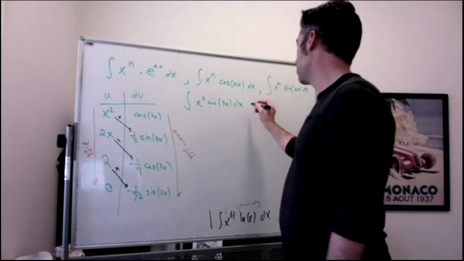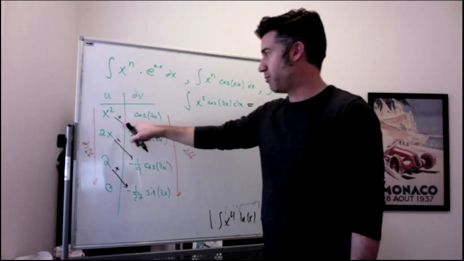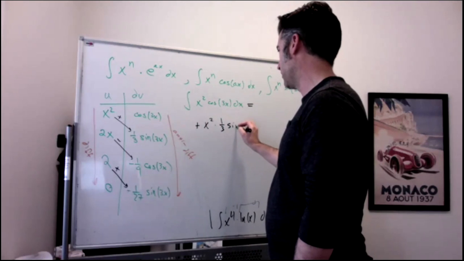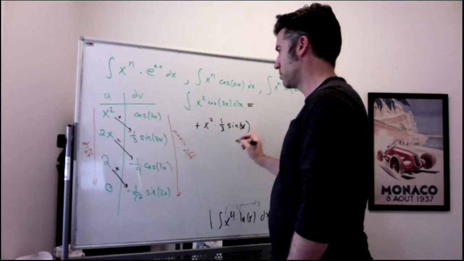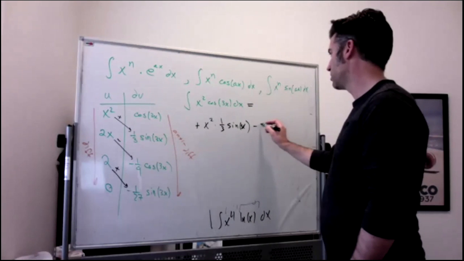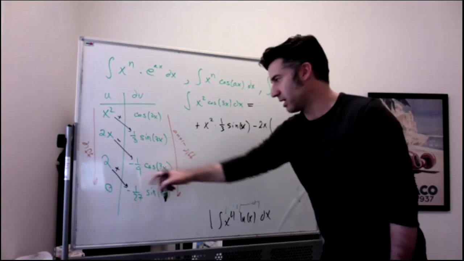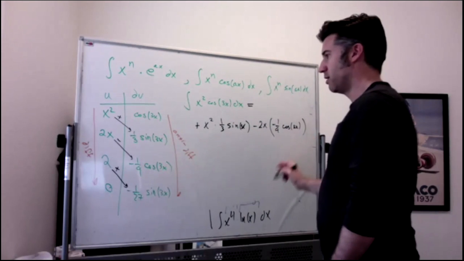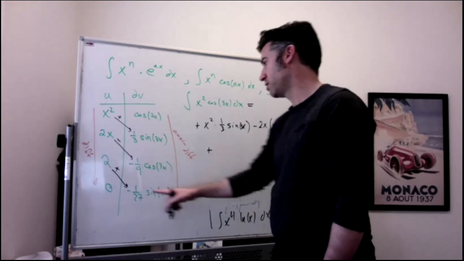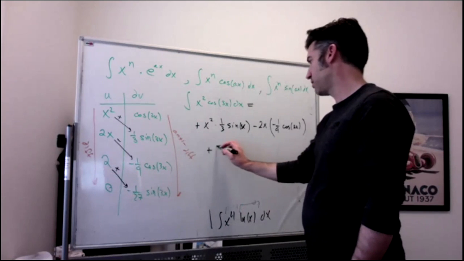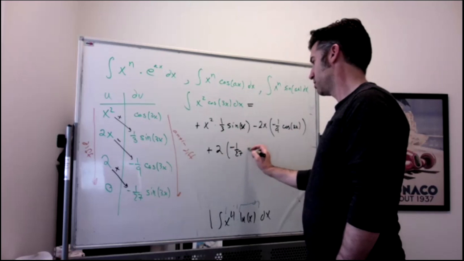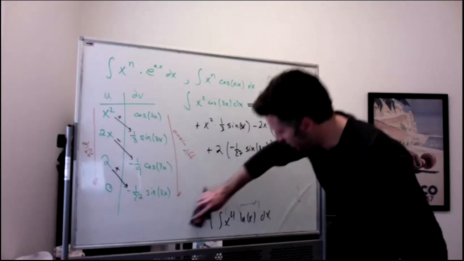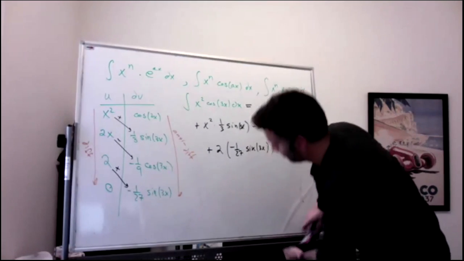Okay. So check out what we get. We get positive x squared times 1/3 sine of 3x minus 2x times negative 1/9 cosine of 3x plus 2 times negative 1/27 sine of 3x. Which I don't really want to write out, but I will because I like you guys.